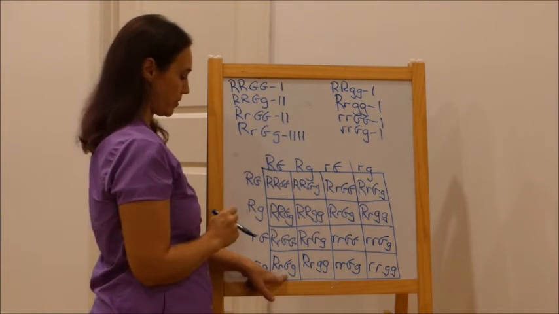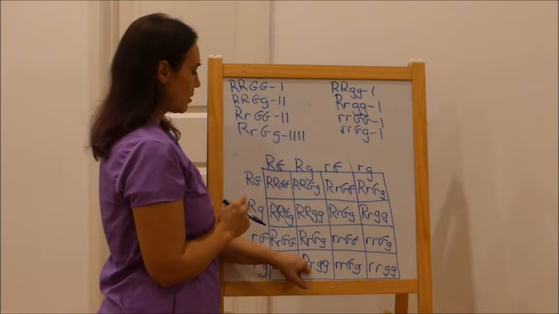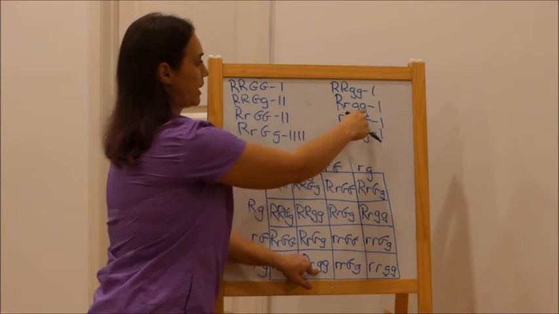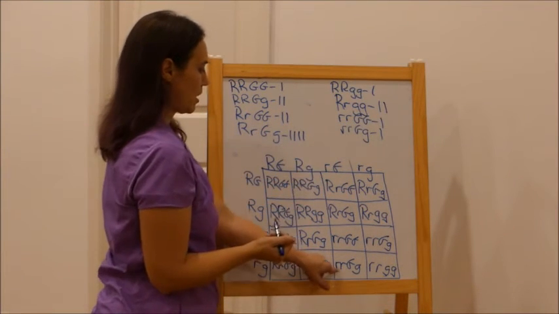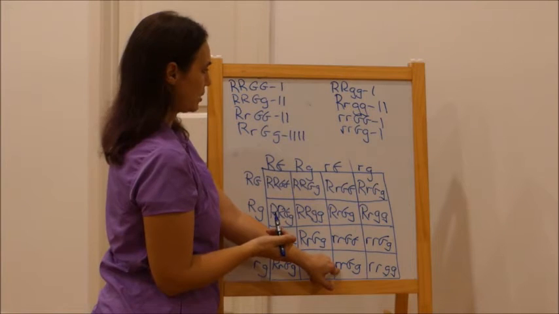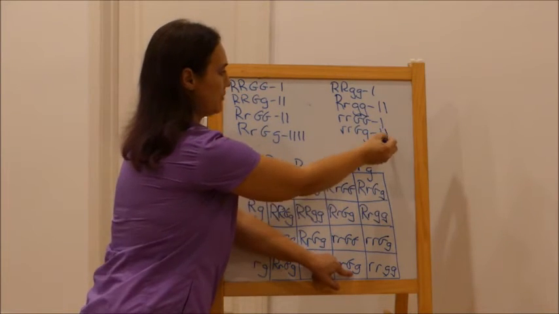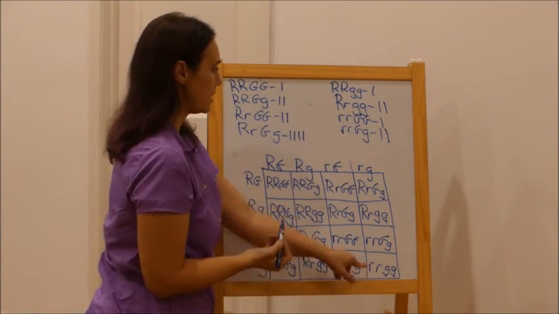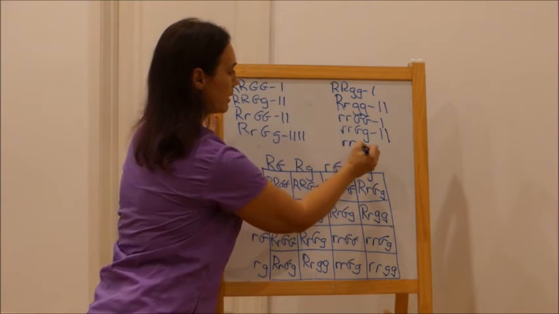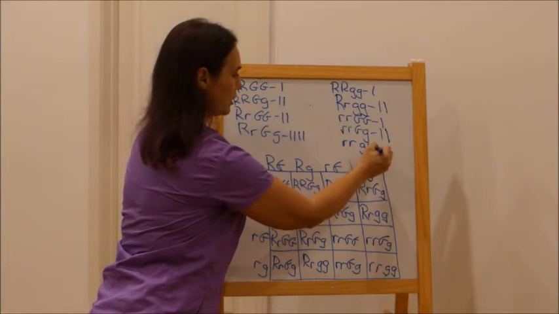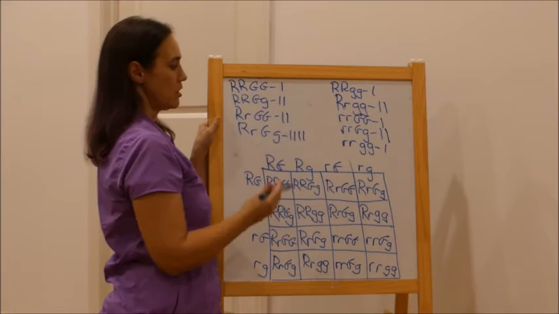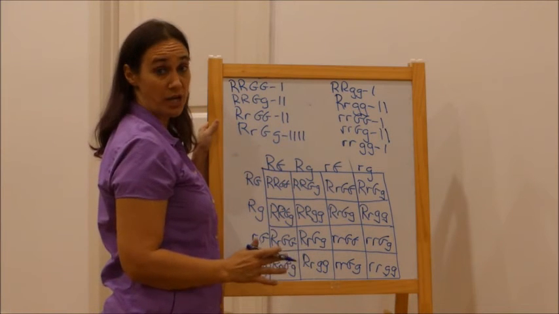That seems to be a pretty popular one. Capital R, lowercase g. Here's this one. Lowercase r, capital G, lowercase g. That's that one. And last but not least is lowercase r, lowercase g. We have one of those. These are all of our genotypes.